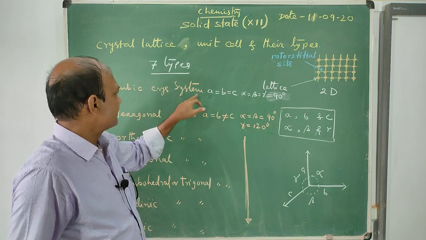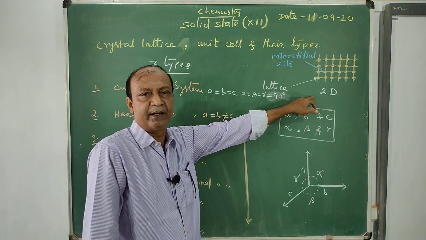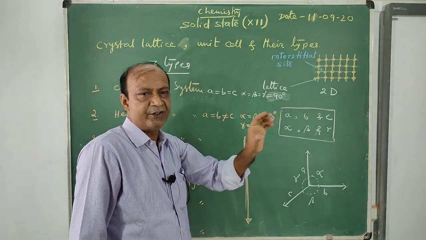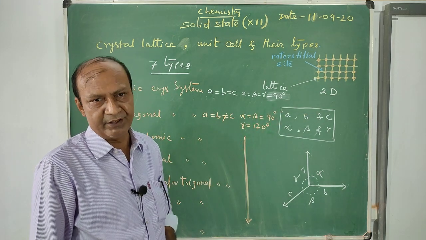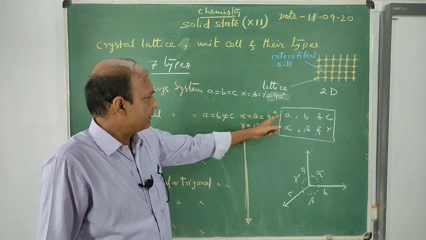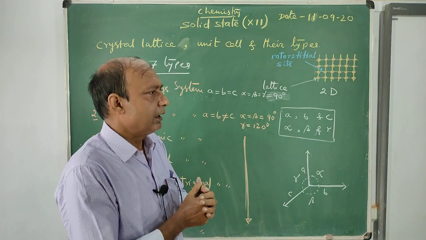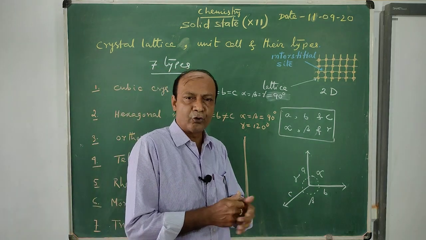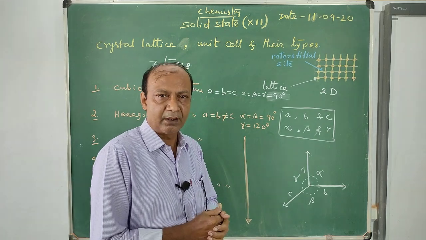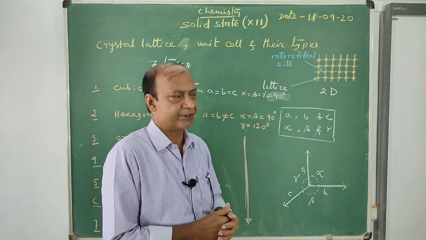Say for the cubic crystal system, the examples are sodium chloride and zinc sulfide, which have a cubic unit cell. In the hexagonal crystal system, the example is graphite. You know, it's a very well known allotropic modification of carbon, graphite, which has a hexagonal unit cell.